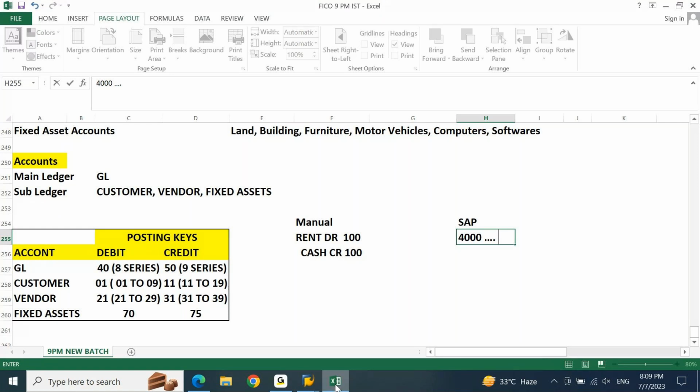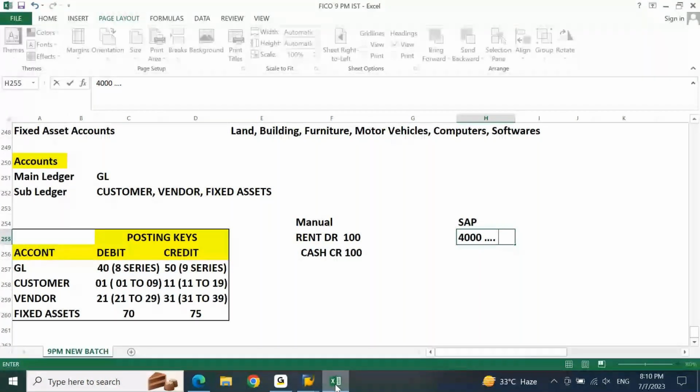And fixed assets are related to assets. What is GL? What are we going to enter in GL? Anything which is not customer, anything which is not vendor, anything which is not a fixed asset. Apart from these three, that is your GL account, which you will understand with this accounting entry that is being written now.